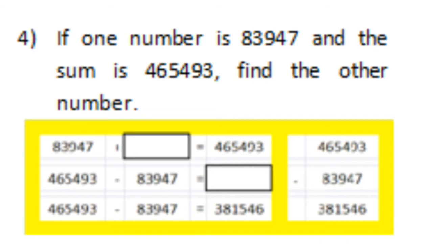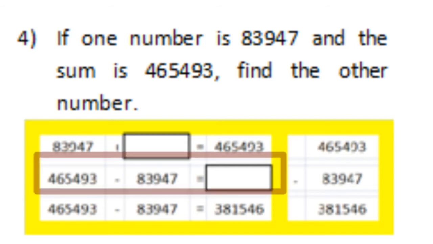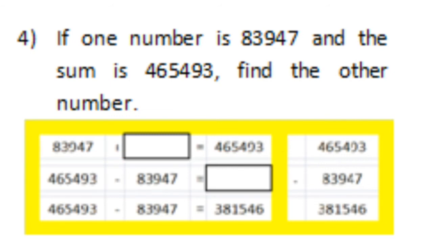One of the addends is 83,947. So we get the missing number by subtracting the given addend from the sum, that is 3,81,546.